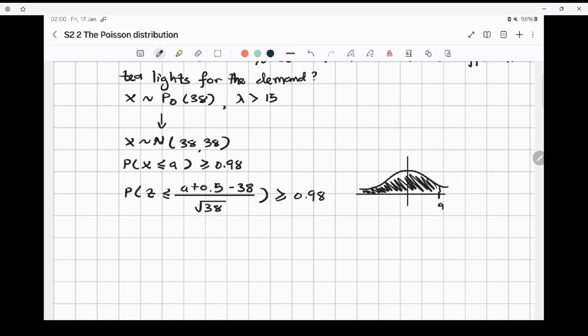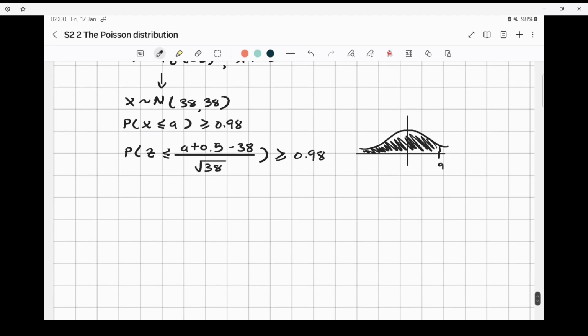Okay, so it means that when you find out what is on the right side, so P(Z) smaller or equals to (a + 0.5 - 38) divided by square root of 38. So this thing is 2.054.